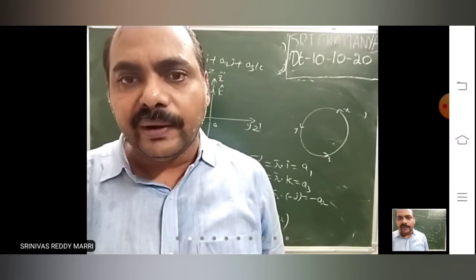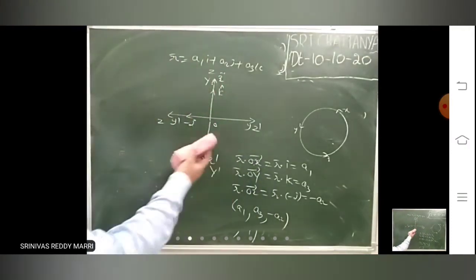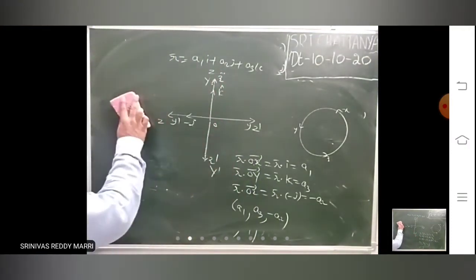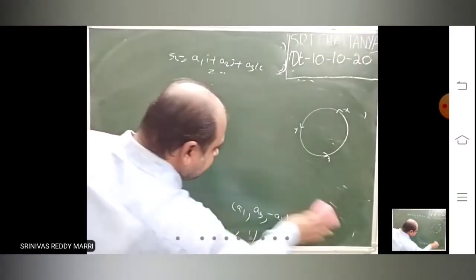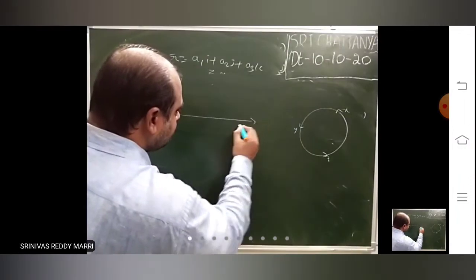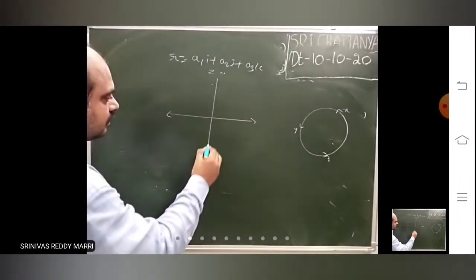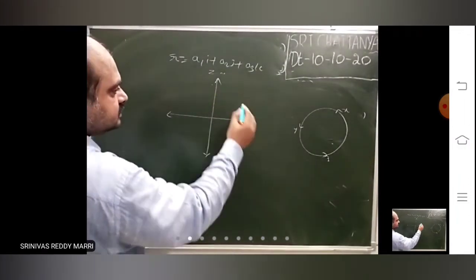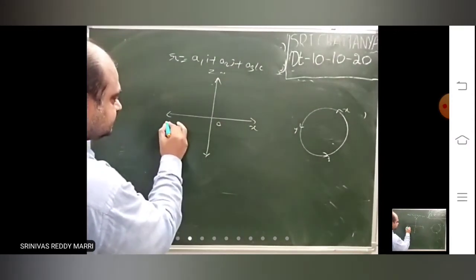Find its new components. Now, instead of rotating anti-clockwise, we will rotate clockwise. Z-axis fixed now. So, draw the XY plane.